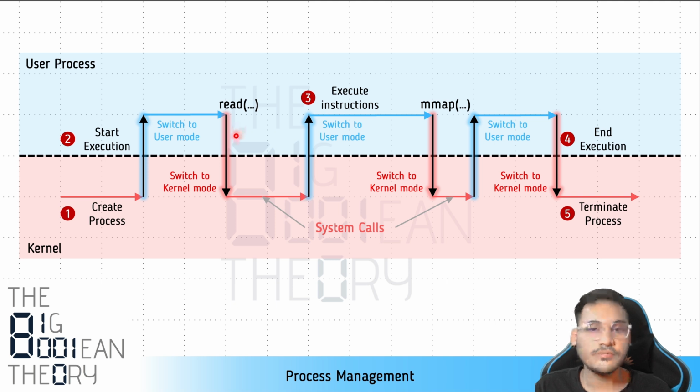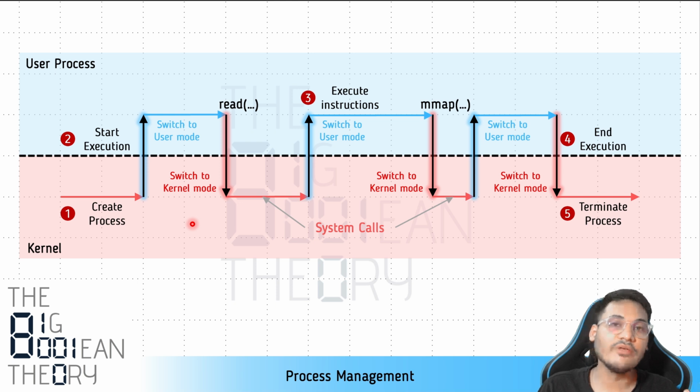In this case, reading involves reading data from a file, and these files are present on storage devices, which are IO devices. Similarly, the mmap system call deals with memory allocation. Only the operating system is allowed to deal with the hardware devices, so it requires the execution of privileged instructions or accessing privileged memory locations. That is why the user process invokes system calls, so that the operating system executes these operations on behalf of the user process.